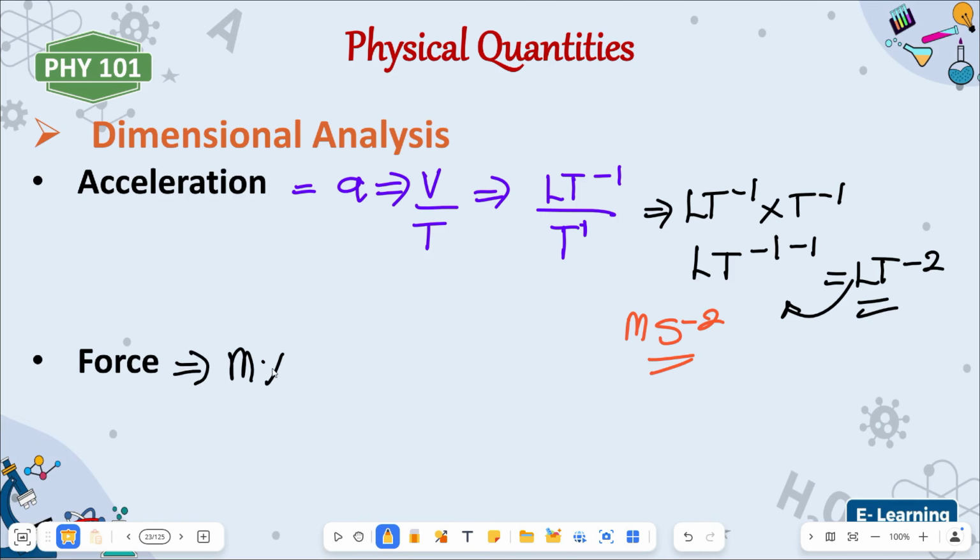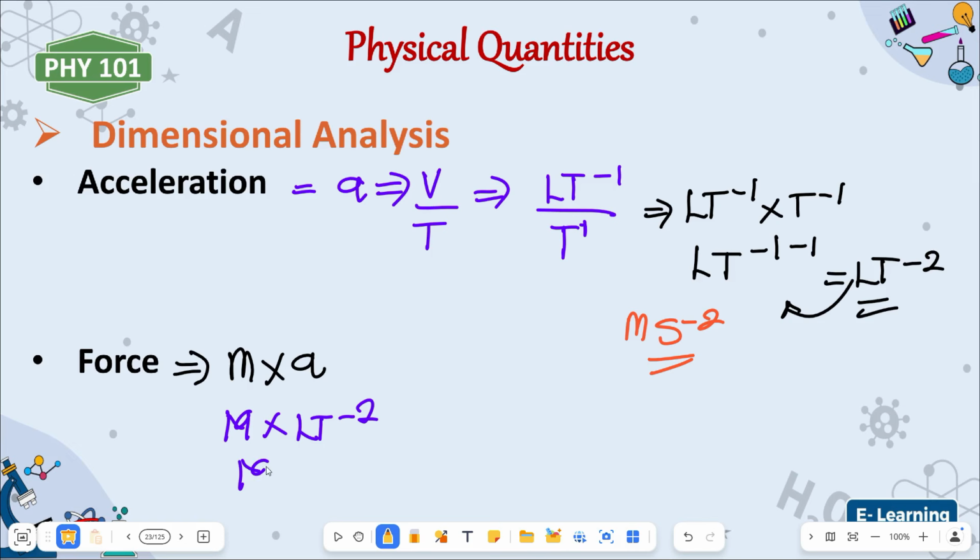Formula for force is mass times acceleration. Now mass is capital letter M. Acceleration is LT minus 2, which we just did here.